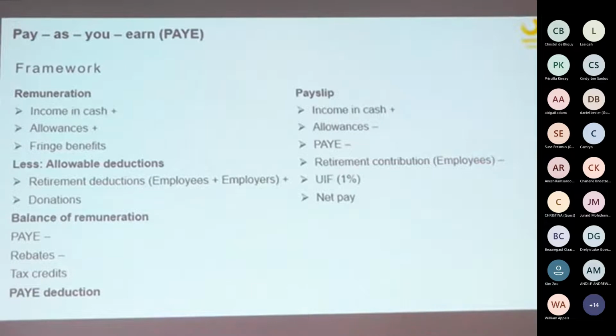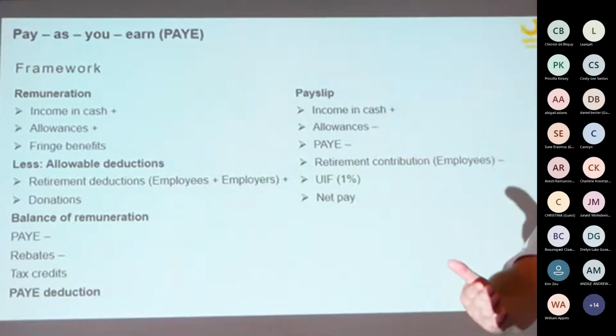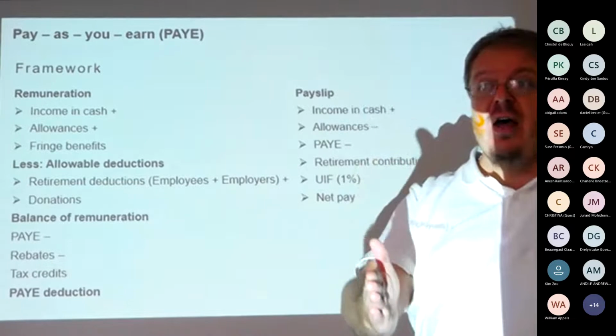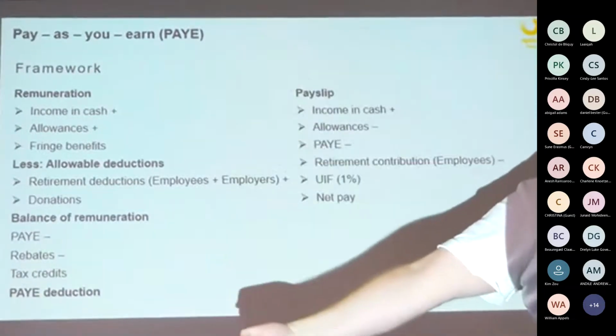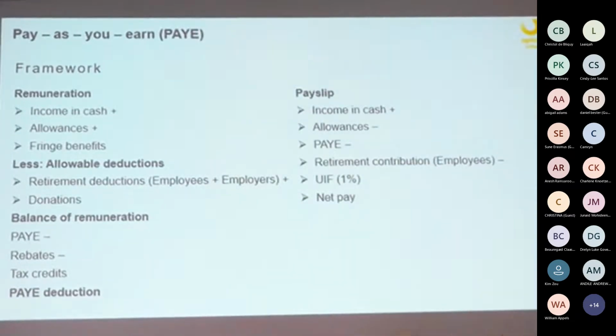If the CEO gets the use of the company Merc, then the CEO is not paying for it, but according to SARS, he is getting the benefit from it. And because he gets a benefit from it, he needs to be taxed on it. And that's what's called the fringe benefit.